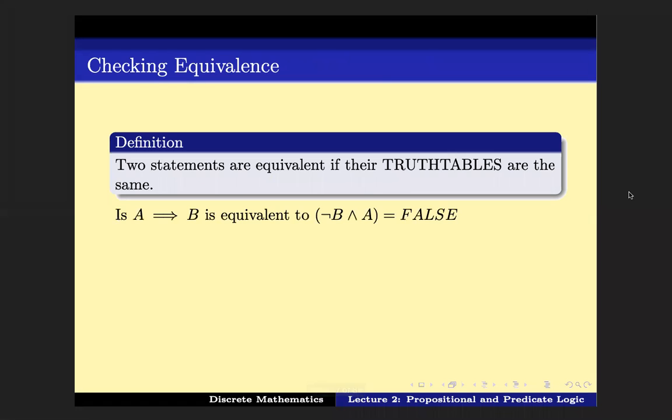So for example, if somebody says A implies B, or if A then B, this is the same as saying if not B and A then false. Or in other words, not B and A is a contradiction.